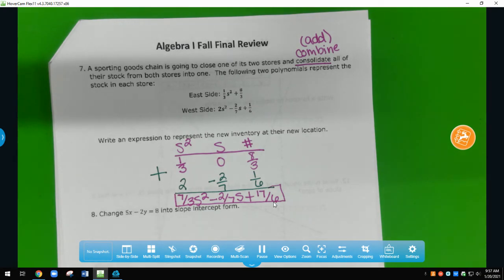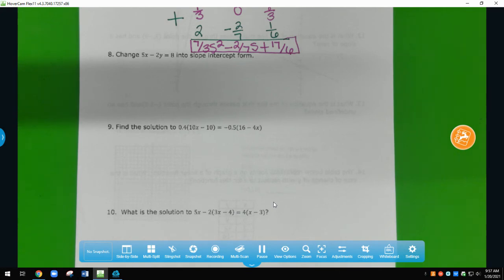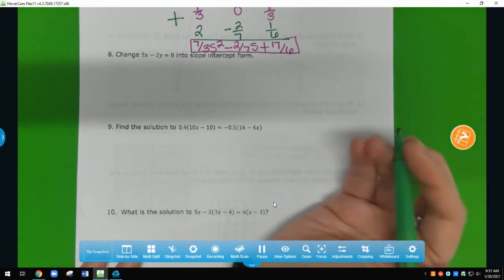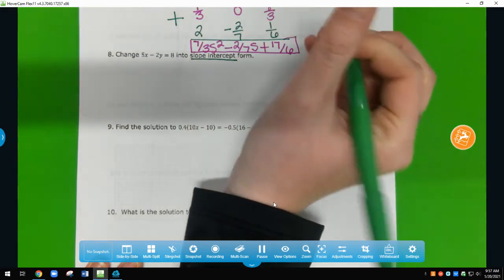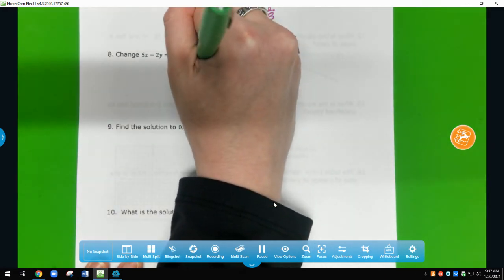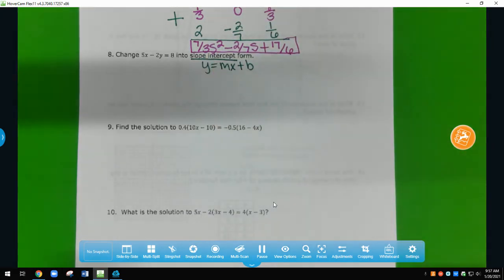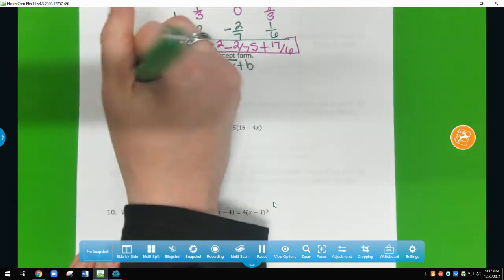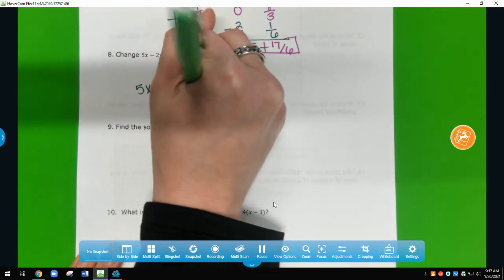Okay. Number 8. Change 5x minus 2y equals 8 into slope-intercept form. So slope-intercept form is y equals mx plus b. So we have to solve for y. So we have 5x minus 2y equals 8.